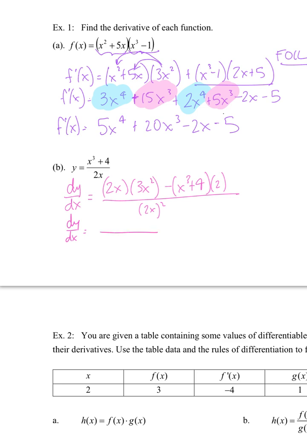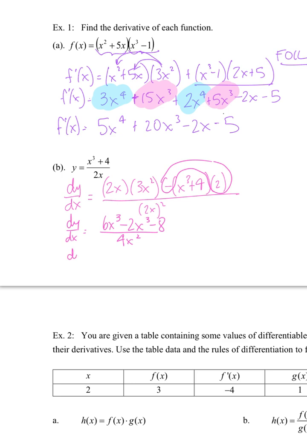Multiplying along the top, I get 6x to the third. Here, and this is going to seem weird, but I am distributing negative 2. So negative 2x cubed minus 8. My denominator, when I square it, is 4x squared.